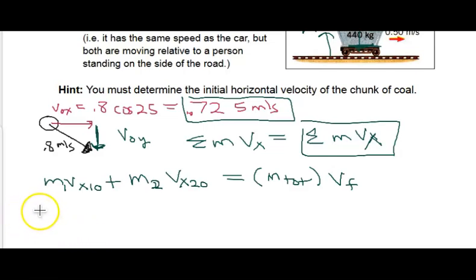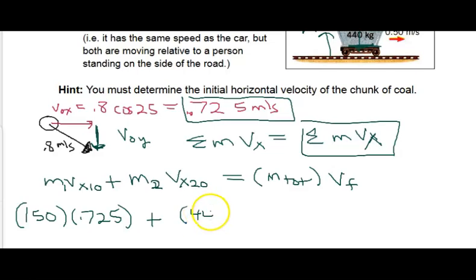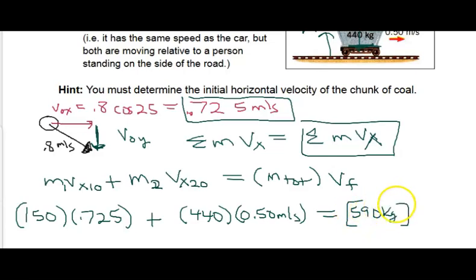Okay, so this is the piece of coal. That is a massive piece of coal going slowly. That's in kilograms, that's in meters per second, plus the cart going also not very fast, equals m total, 590 kilograms, times how fast they are going at the end of the collision.